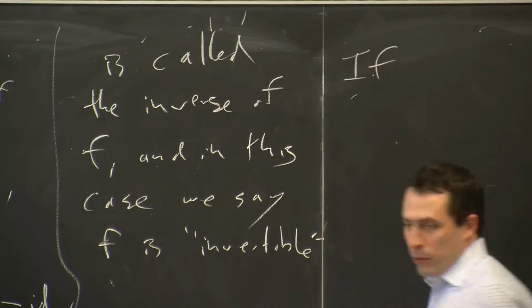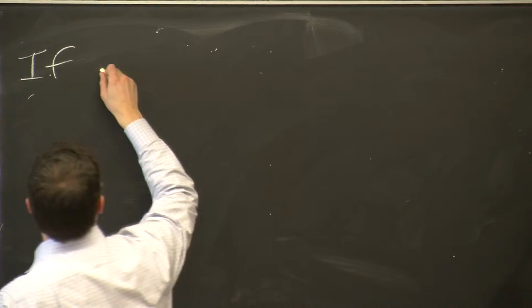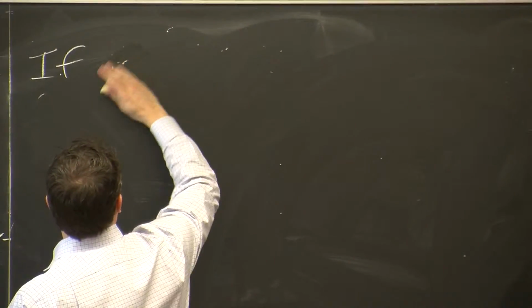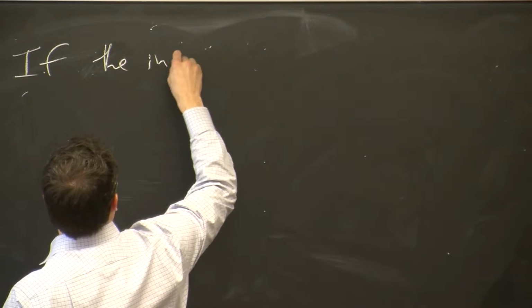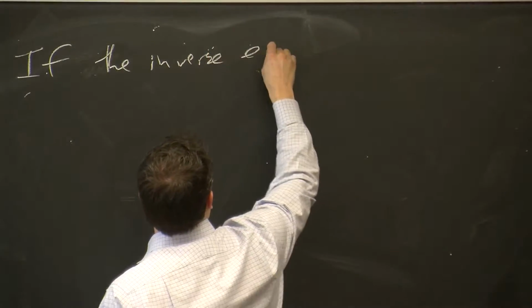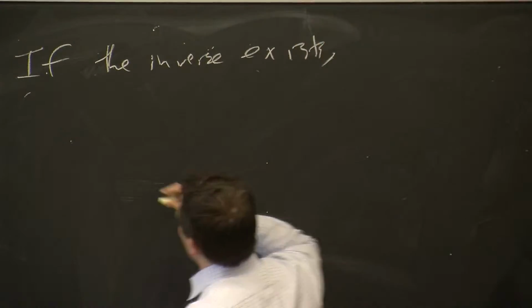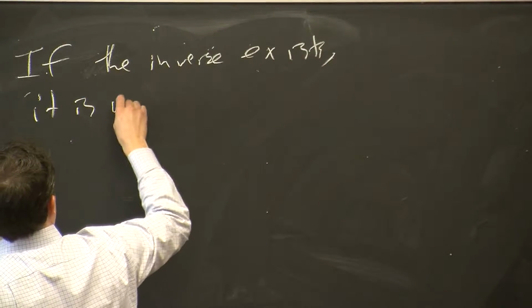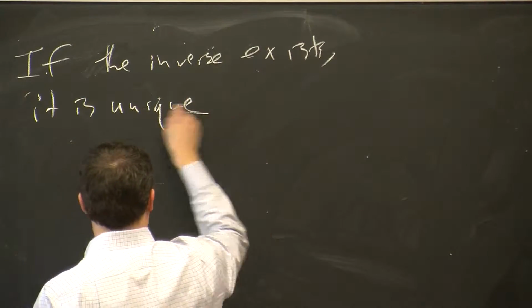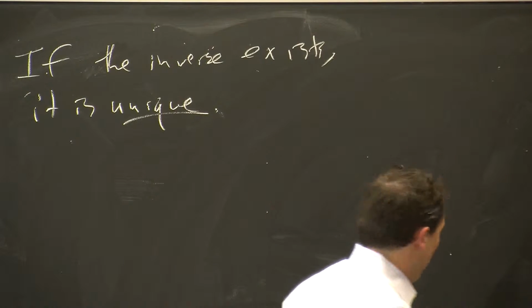So the first thing to observe is that if such an inverse exists, it is unique. Why is that?